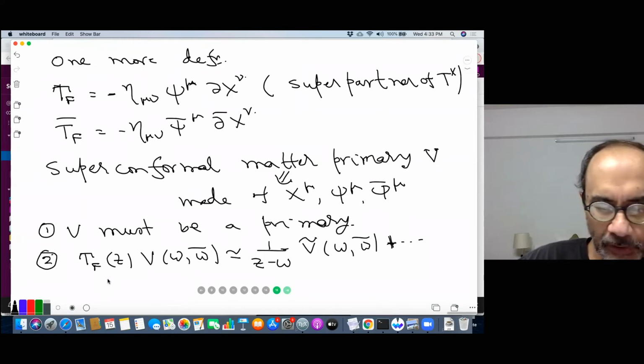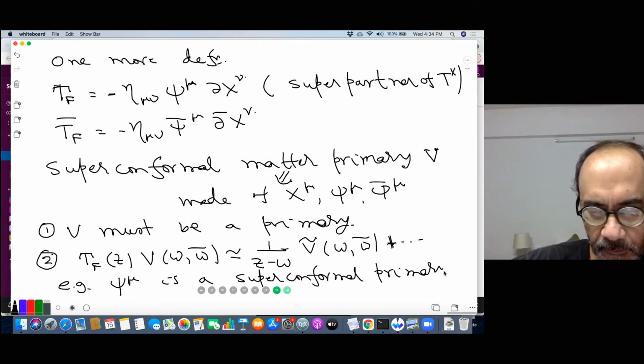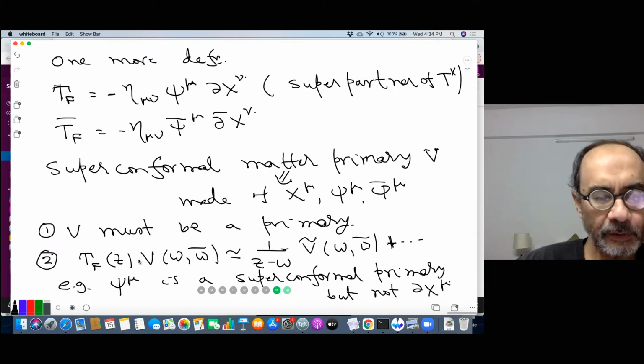Just to give an example, psi mu is a super conformal primary. But not del x mu, because del x mu with TF will have a double pole.